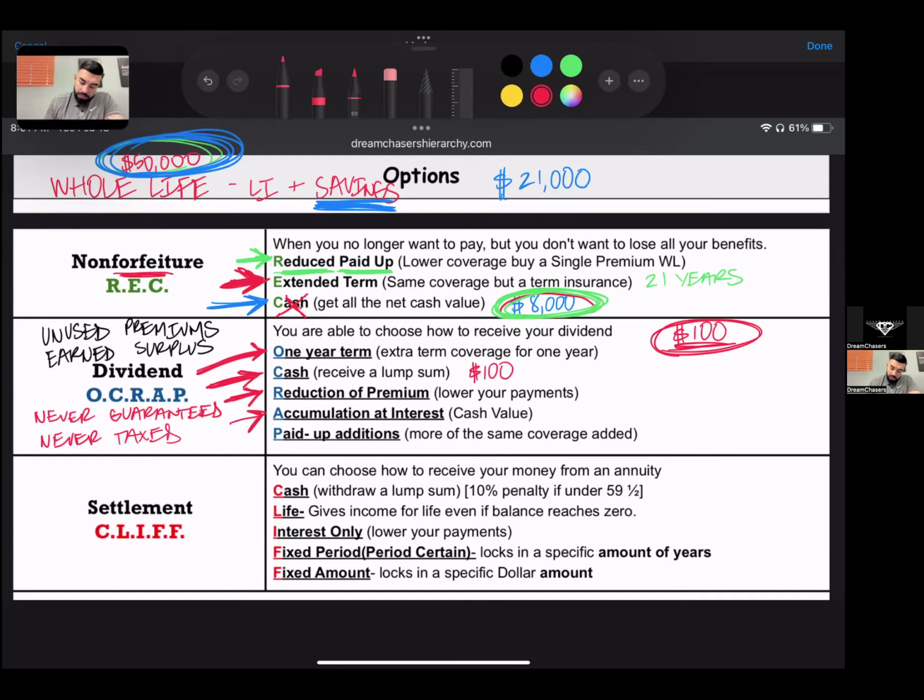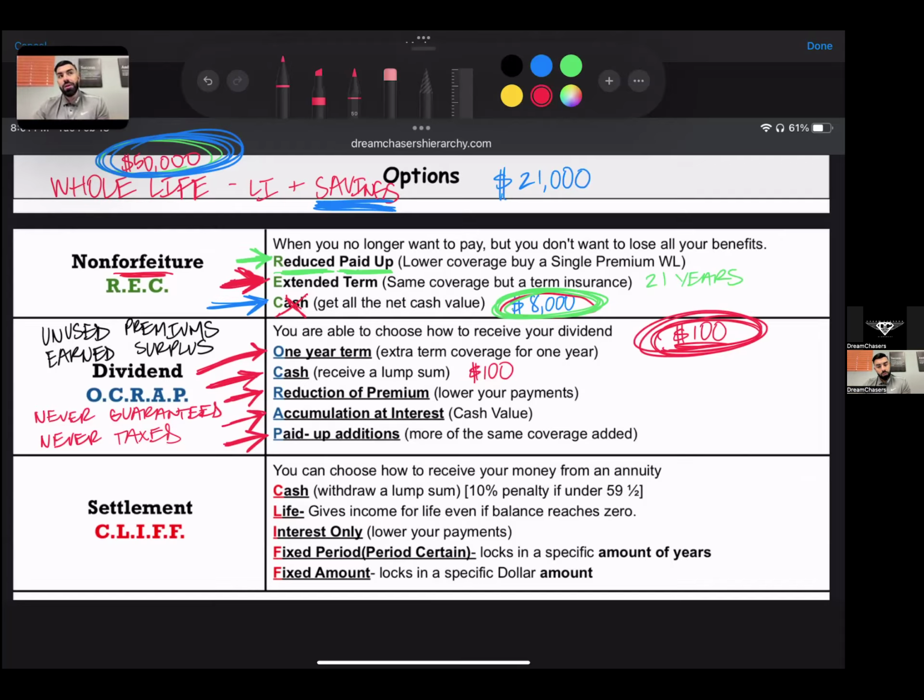Fourth is what is known as accumulation at interest. So here's where you're just going to take those $100 and just let it sit there and accumulate, right? Gain interest. Okay, you're going to put it into that savings account. And then the fifth option is a paid up addition. So what you're going to do here is you're going to take this $100 and you're going to add more coverage that's already paid up, meaning your premium isn't going to go up because you're taking those $100 and completely purchasing or paying up that extra amount.